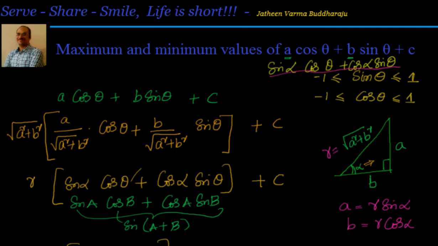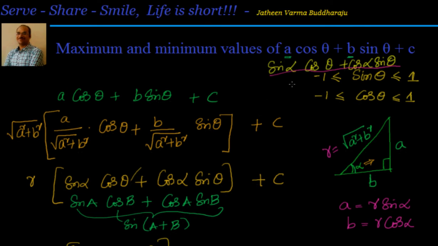Before that, let me just try to summarize. We have a trigonometric expression of the form a cos theta plus b sin theta plus c. We want to find out the maximum and minimum value of this expression. Now I want to leverage the compound angle formula, where sin a cos b plus cos a sin b equals sin of a plus b, so that I can leverage the trigonometric inequality of sin theta, which says that sin theta should be between minus 1 and 1.